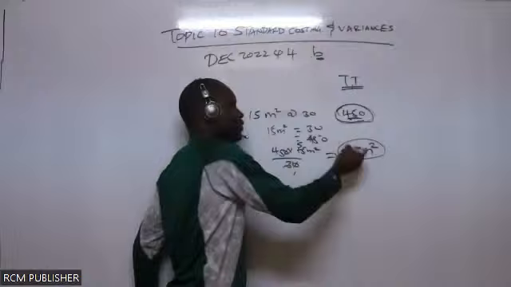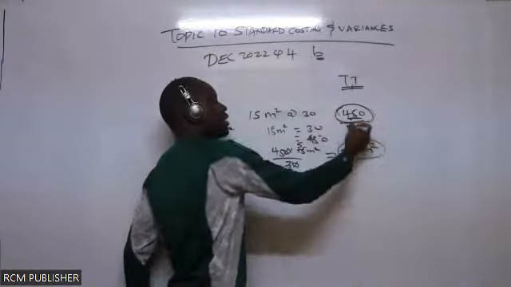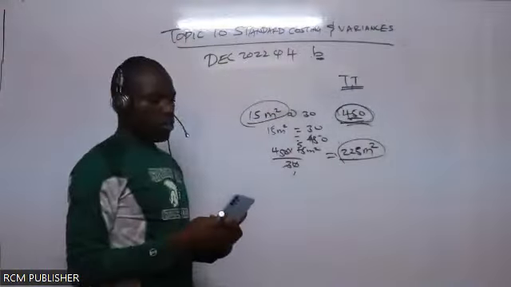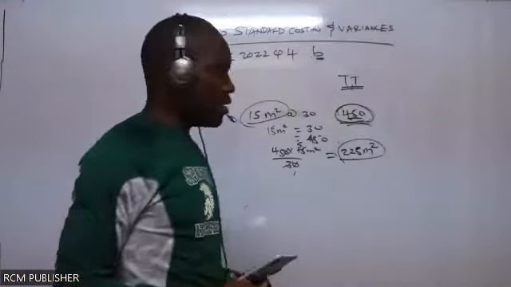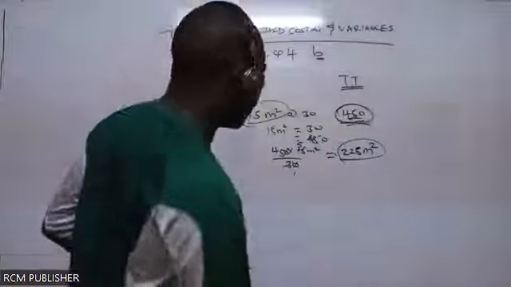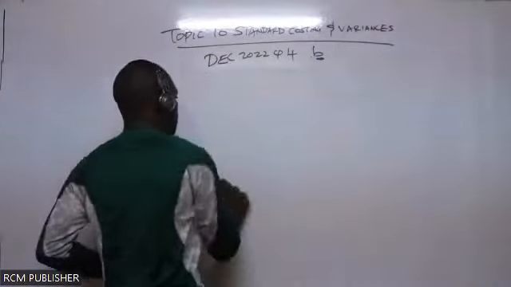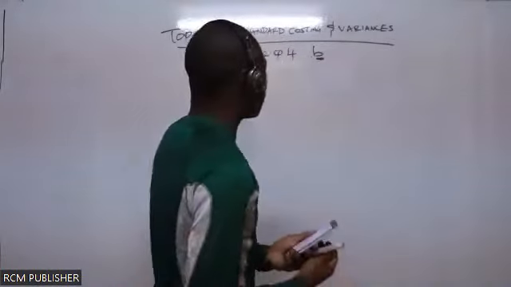So it is this one here that you are now going to convert again to get the shillings into 450 and also get your 15 meters square. We are going to see that in the August 2022 sitting, where you will be able to see the standard cost card that we are talking about.